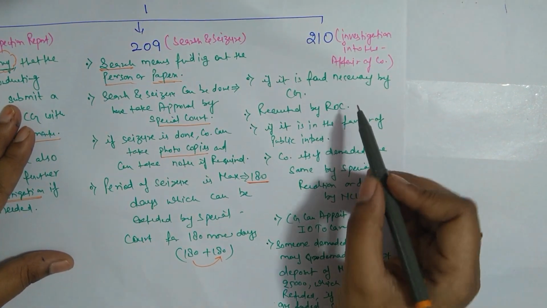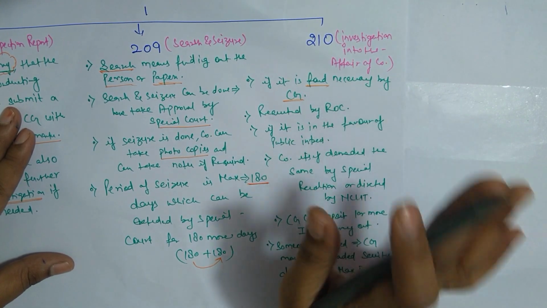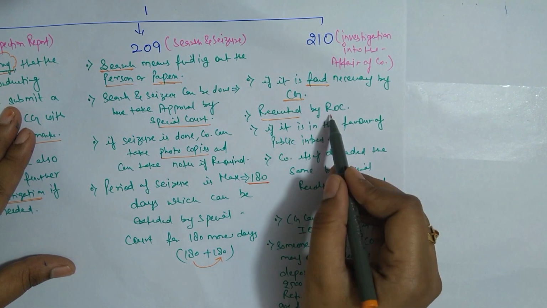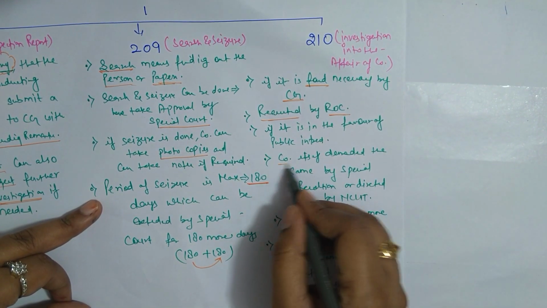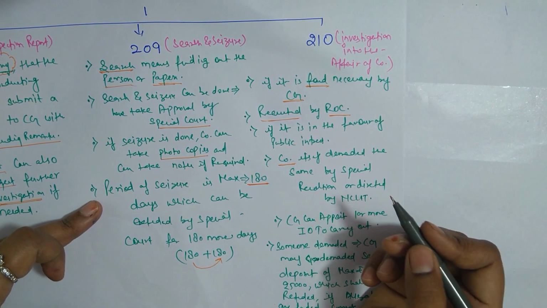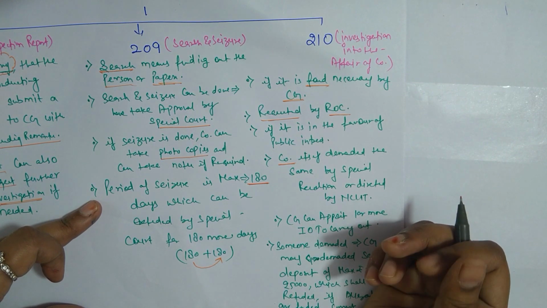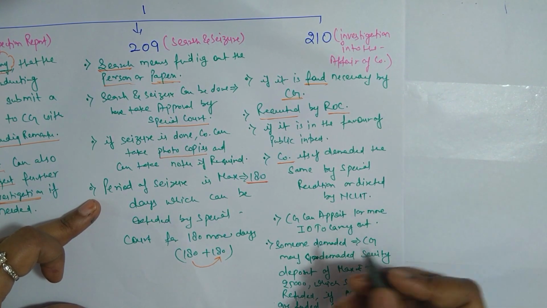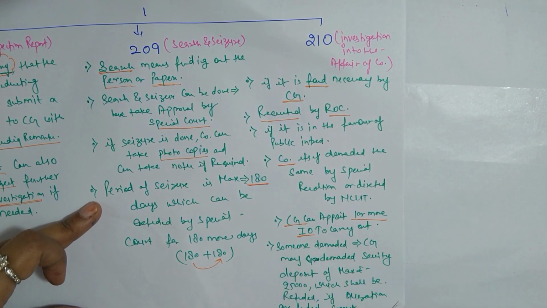Section 210, investigation. If it is found necessary by central government, then only it can be done. First thing. Second, it can be requested by ROC too, and it can be requested by the company itself also. If demanded by majority of the shareholders, then ROC or central government can conduct the investigation related to affairs of the company. Fine. And CG can appoint one or more IO for that.